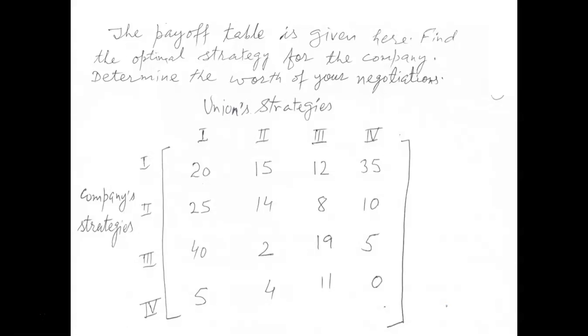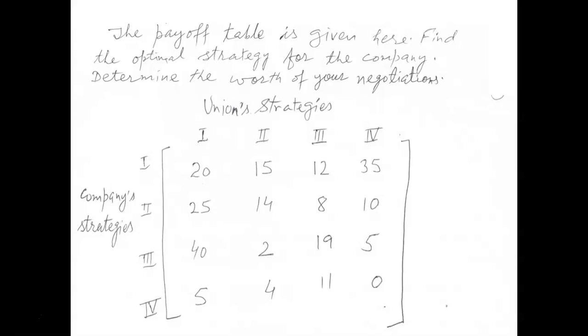The payoff table is given here. Find the optimal strategy for the company. Determine the worth of your negotiations. So, from past experience, this is the payoff matrix to the company.